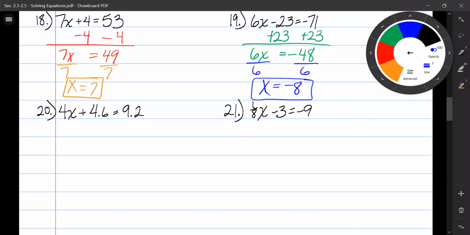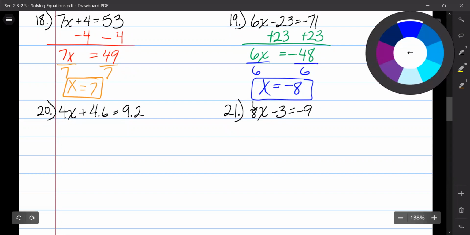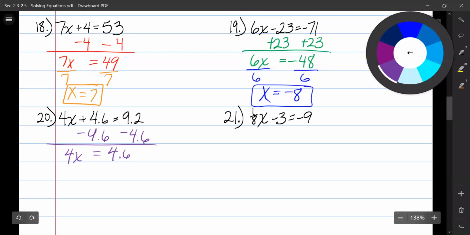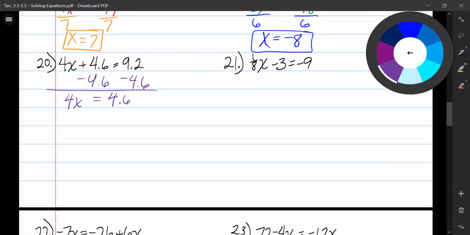All right, number 20, we need to subtract 4.6 from both sides. So 4x equals, and then that's going to be also 4.6, I believe. And then we can divide both sides by 4.